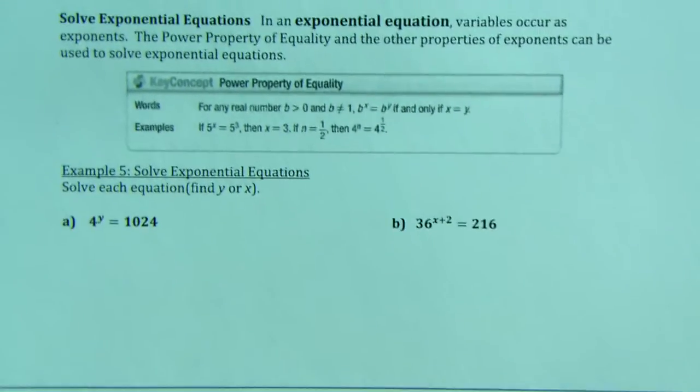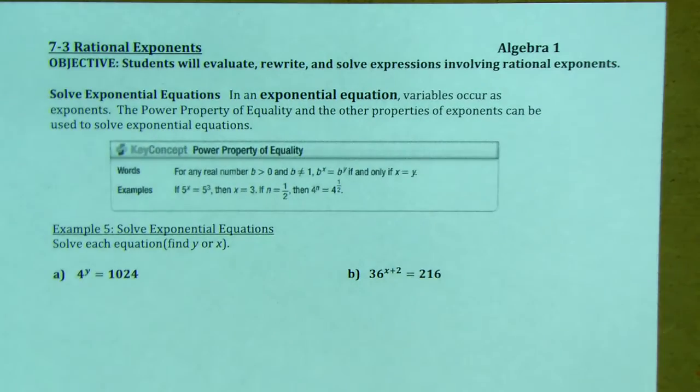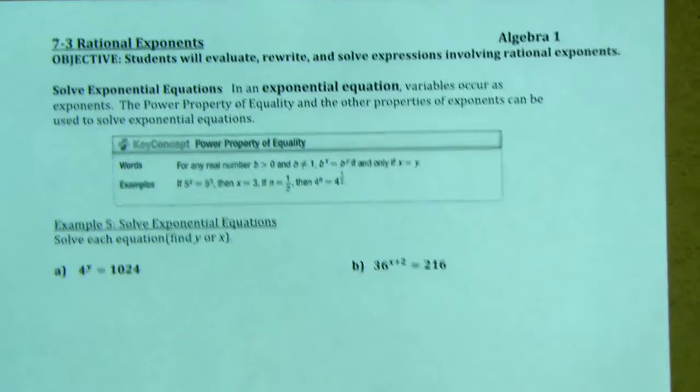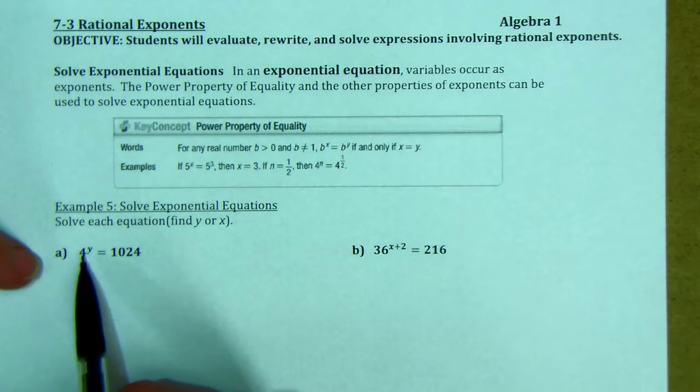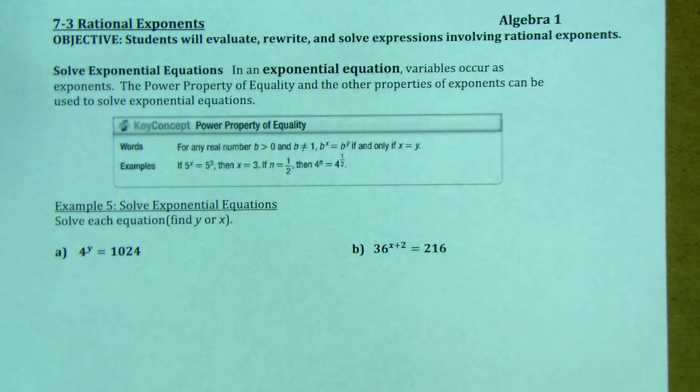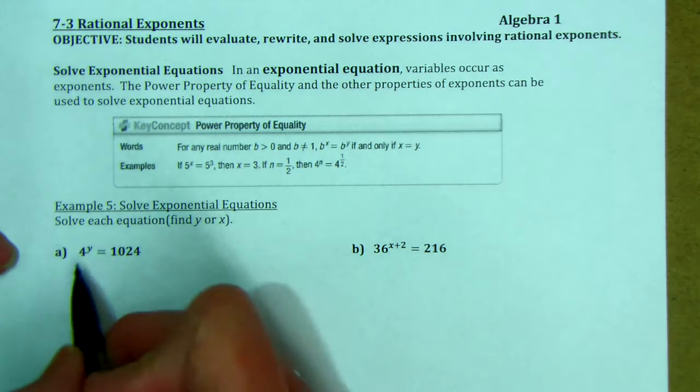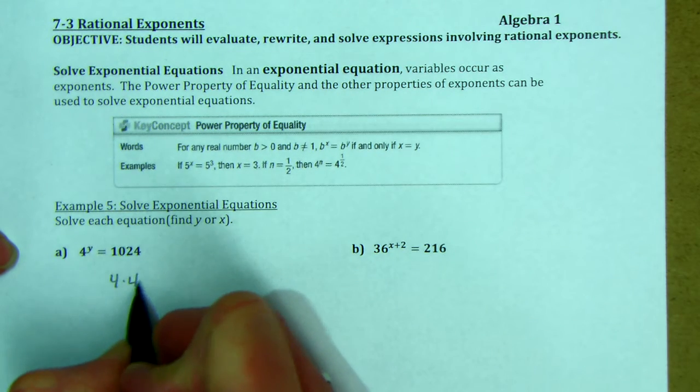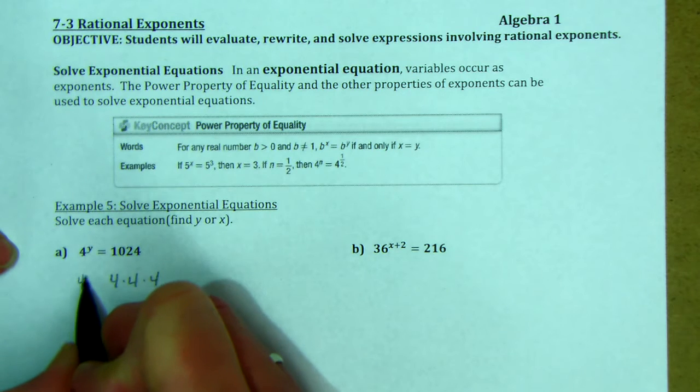Turning to page 3, it's going to continue to get complicated. Now we are going to write an expression that includes that. So take a look at this. I have 4 to some power is 1024. Okay, so how do I undo an exponent? Otherwise, I just think 4 to the what power? 4 times 4 times 4, just take a guess, figure it out.